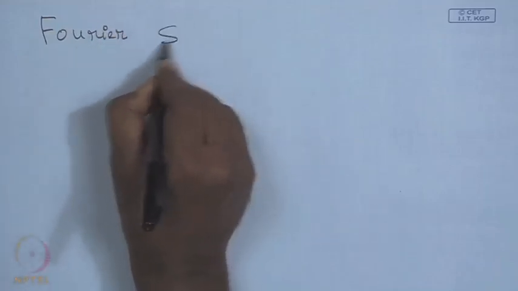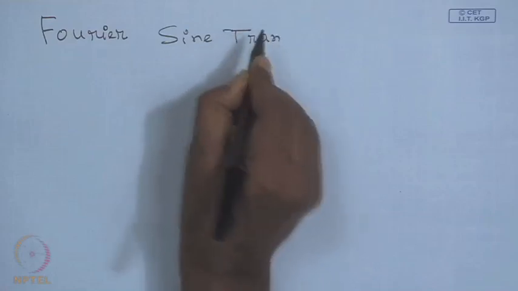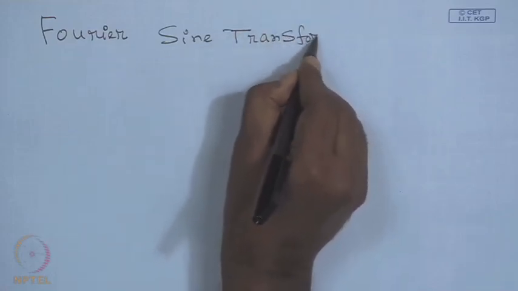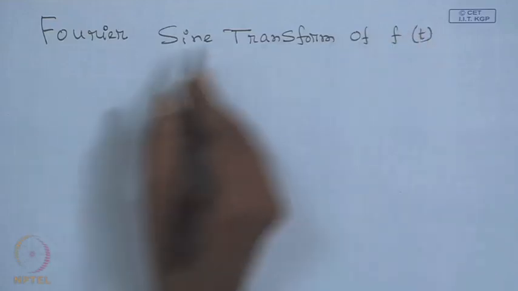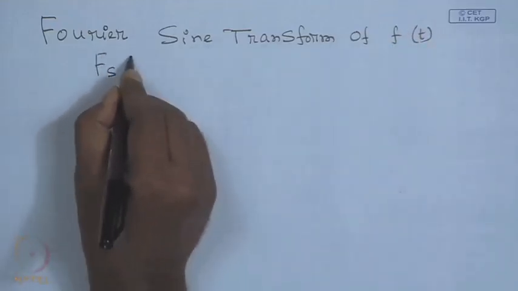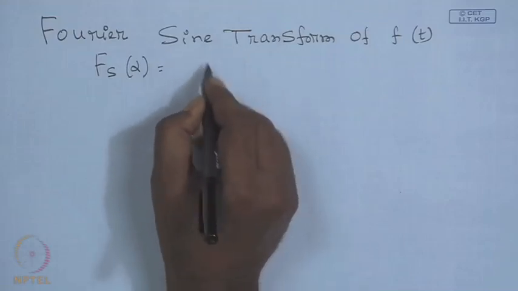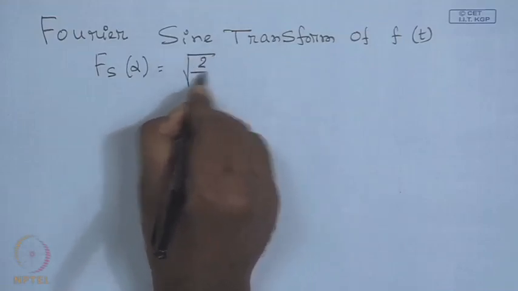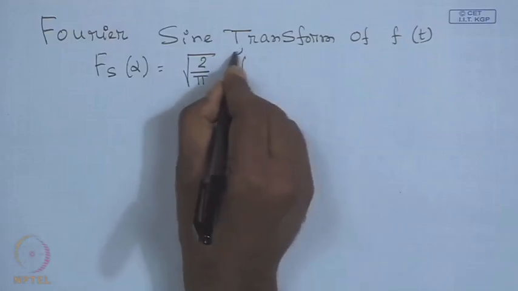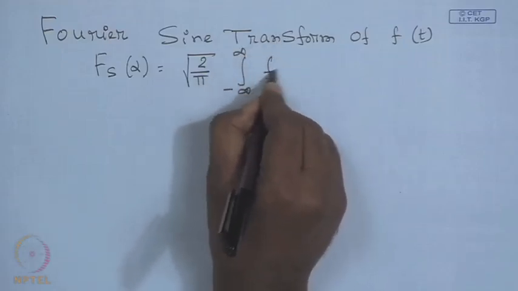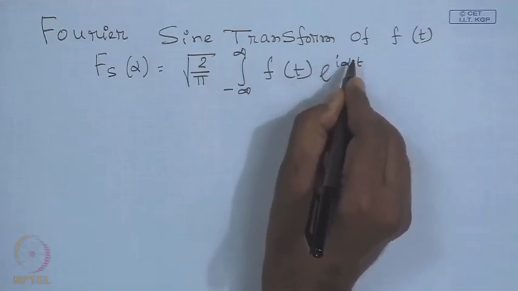Then we define the Fourier sine transform and the Fourier cosine transform. The Fourier sine transform of f of t becomes f s in the alpha domain, equal to root 2 over pi times the integral of f of t e to the power I alpha t.